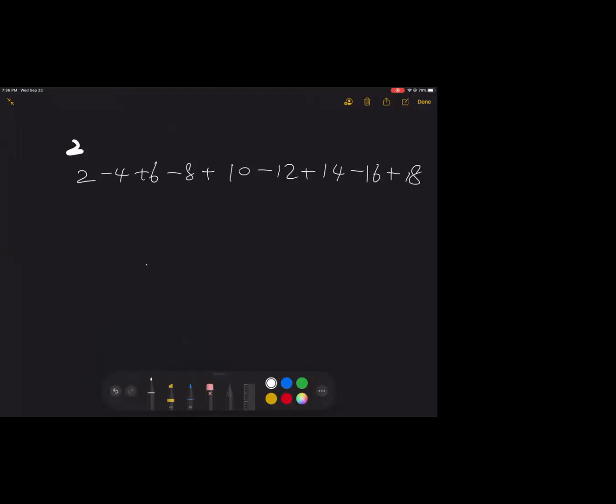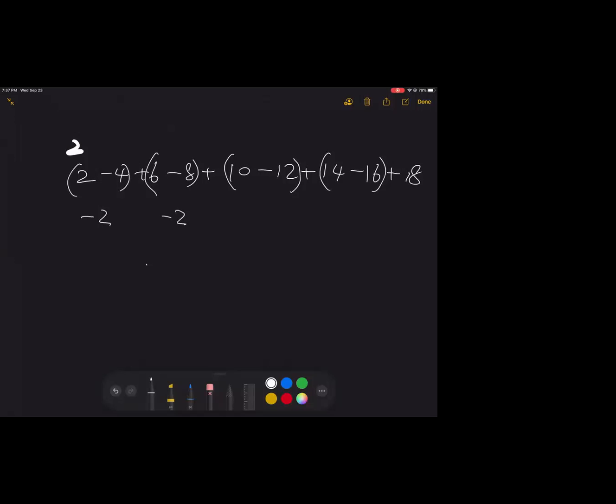So first I put parentheses around all the subtraction problems. Technically I put parentheses around 2 minus 4 and then skipped the plus and then did parentheses around 6 minus 8 and did that for all of the other subtraction ones. And then I did 2 minus 4, which is -2, 6 minus 8, which was also -2.